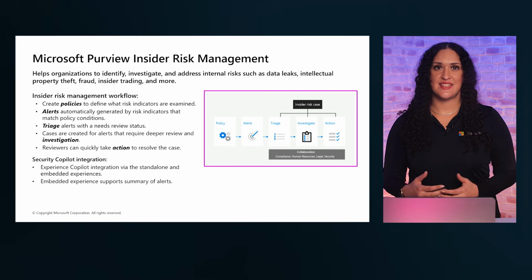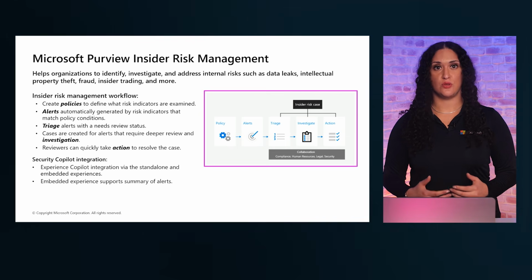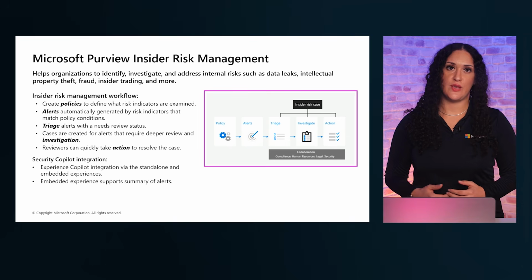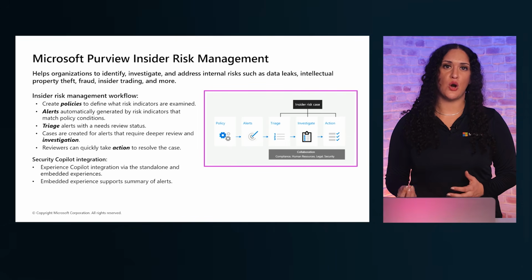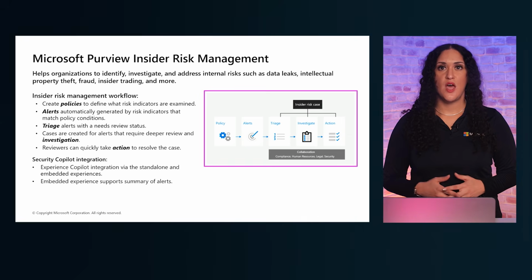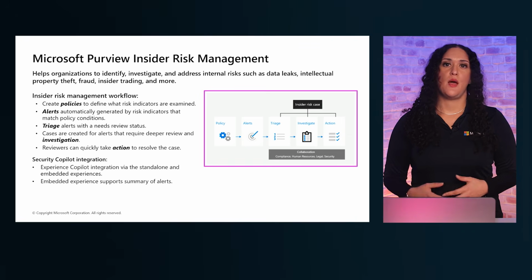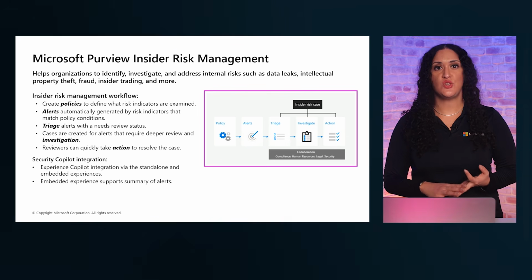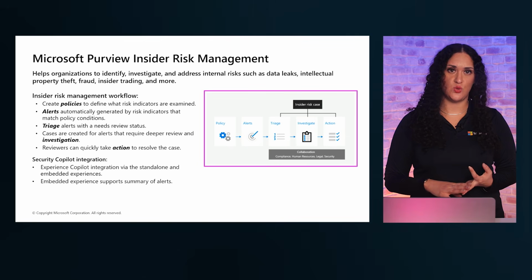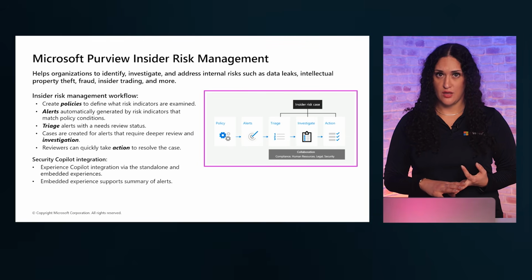It is designed to detect both intentional and unintentional risky behavior by employees, giving organizations a structured way to reduce harm before it escalates. Common use cases include preventing confidential data leaks, protecting intellectual property, and identifying policy violations that could lead to compliance issues or even financial loss.